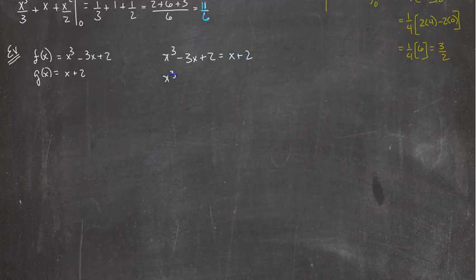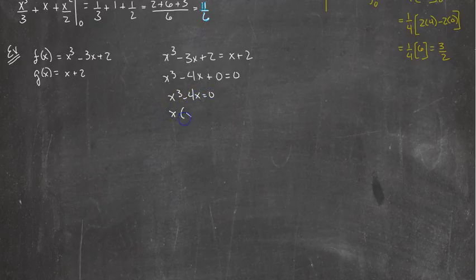So I have x cubed minus 4x plus 0, well, I'll write it down, equals 0. So x cubed minus 4x equals 0.